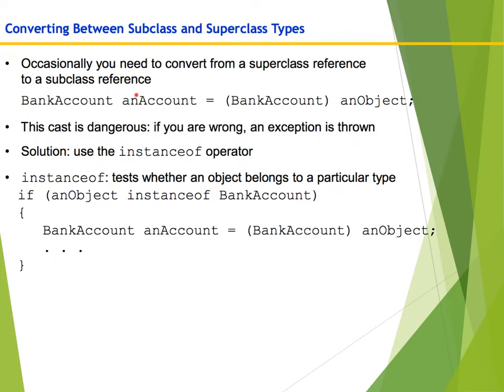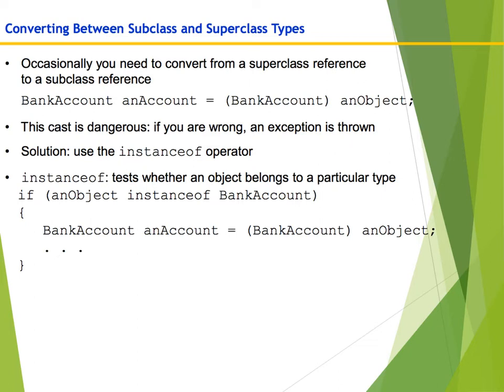So you write bank account anAccount, which is a variable of type bank account, equal to an object that is cast into a bank account type. You write in parentheses bank account, and then you write anObject, which means that you're converting the object to a bank account, and then after you convert it, you can set anAccount equal to it.